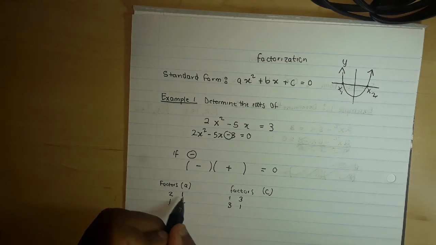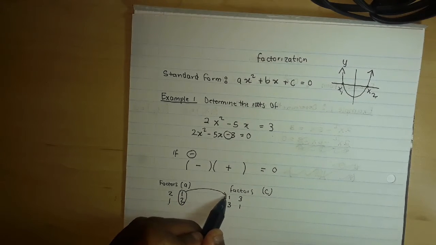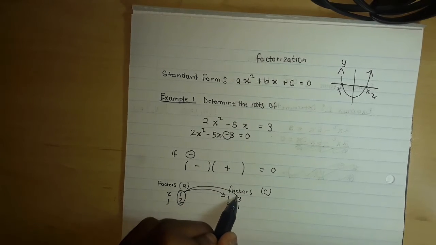Now we look at this. We'll try to have this distributed to that. If we don't get what we're looking for, we'll continue distributing to that.